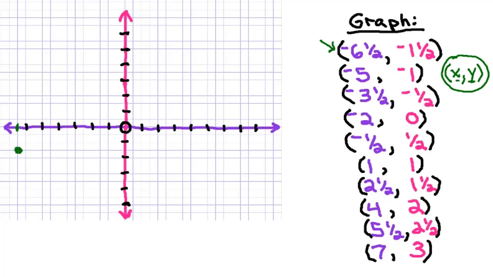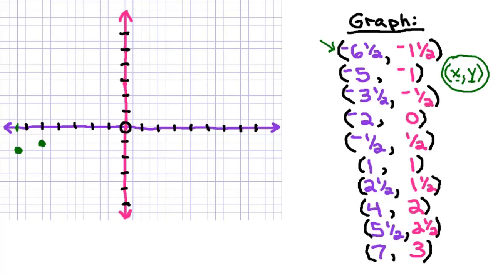Your next set of coordinates is -5 and -1. So -5 is on the x-axis, so we're going to go to the left 5 from the 0: 1, 2, 3, 4, 5, and then we're going to go down 1 since it's a -1 on the y-axis.